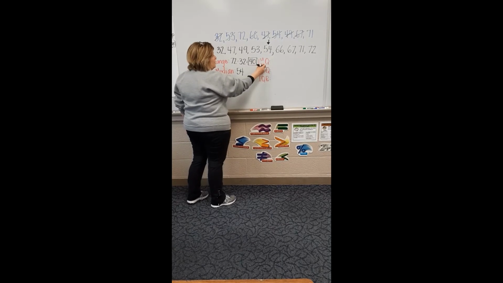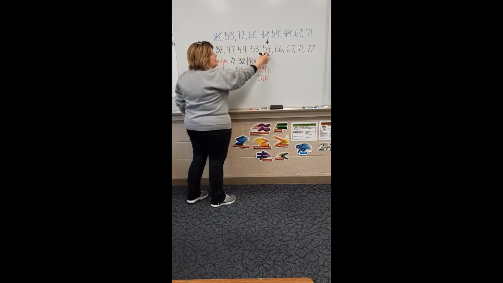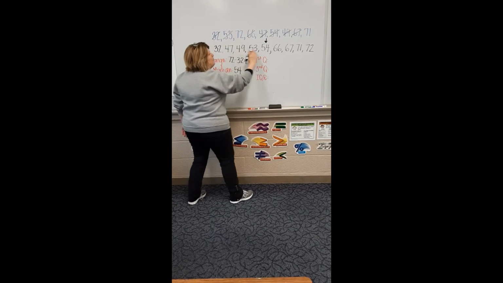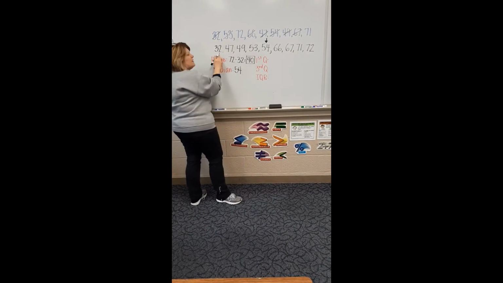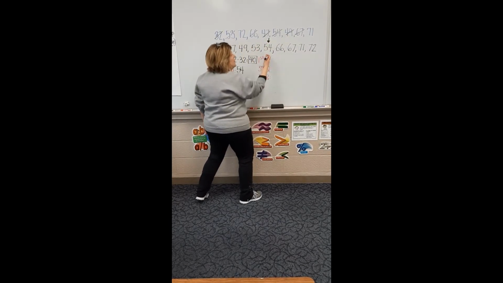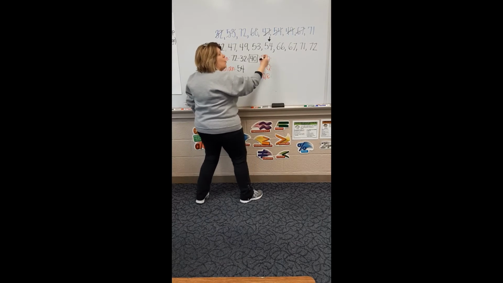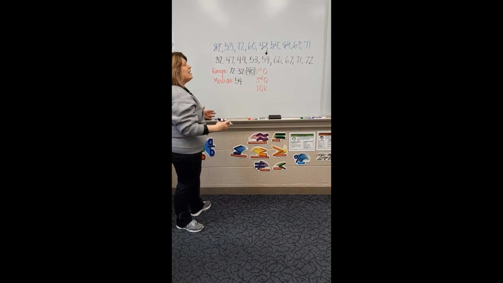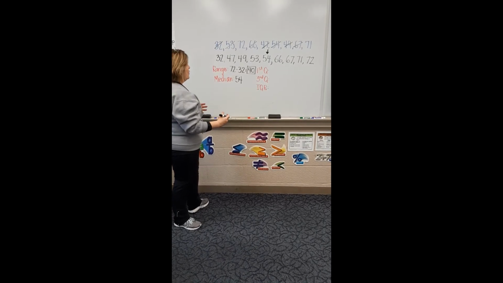First quartile, I'm going to go back. Median means the middle of my data. If this were a football game, this would be the beginning of the game, the end of the game, and this would be halftime. When we do first quartile, we're finding the end of the first quarter.